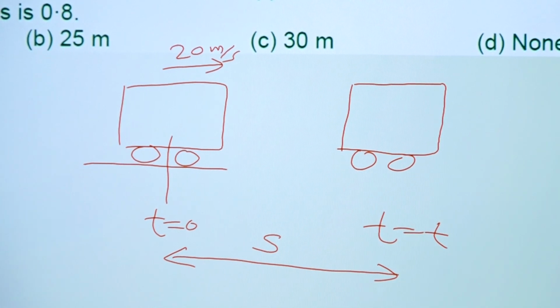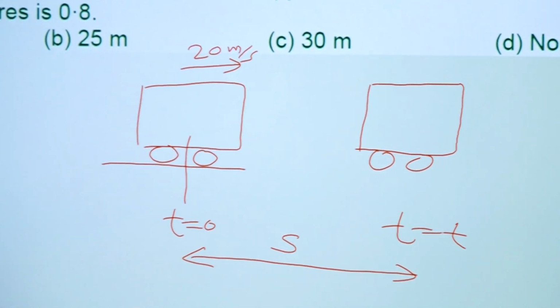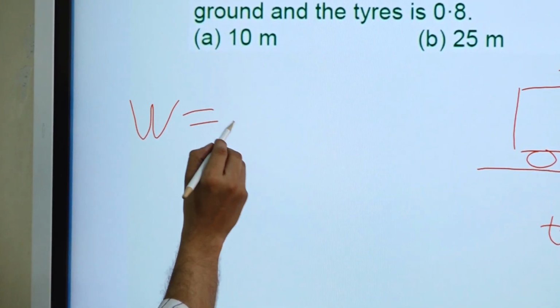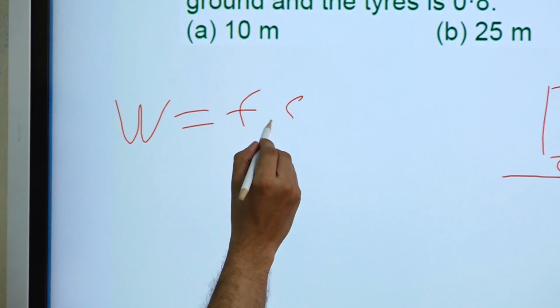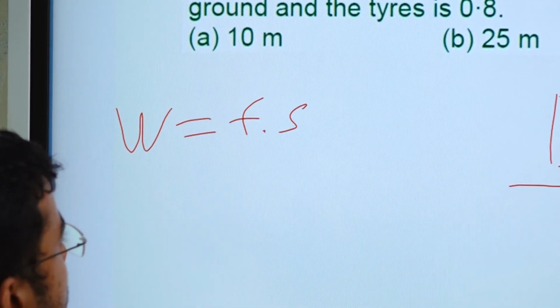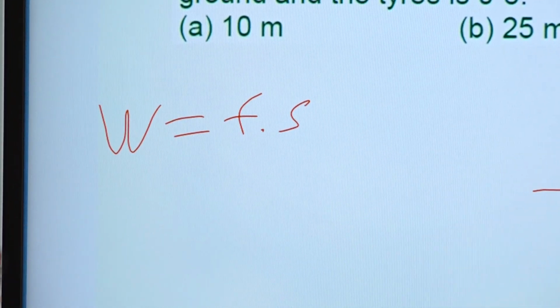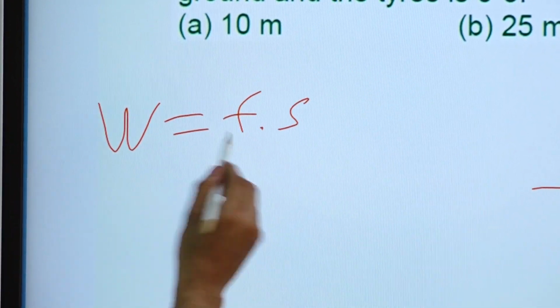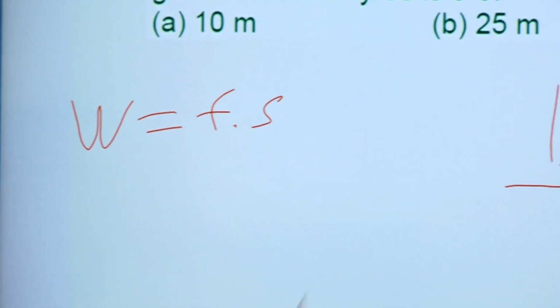So how do we find that energy? The simple basic formula of work done is W is equal to F into distance. F is the force acting on the body, S is the distance covered by the body. So what will be the force acting on the body?